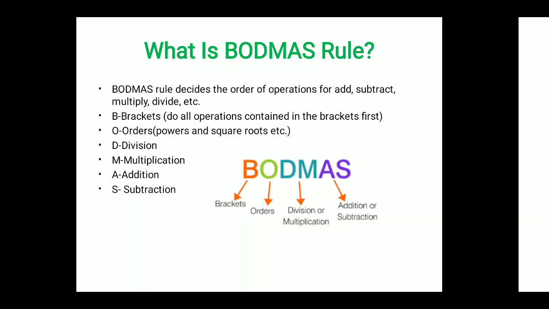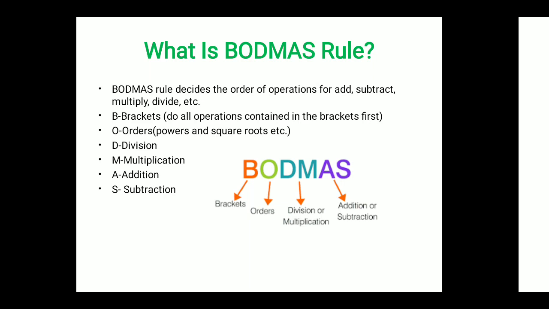My first question is, what is the BODMAS rule? Using the above hierarchy, we see that in 4 plus 2 into 3, choice 2 was the correct answer, because we have to do multiplication before addition.